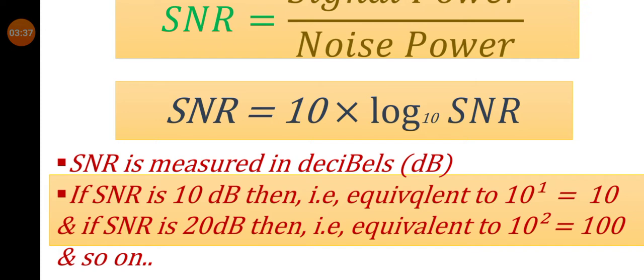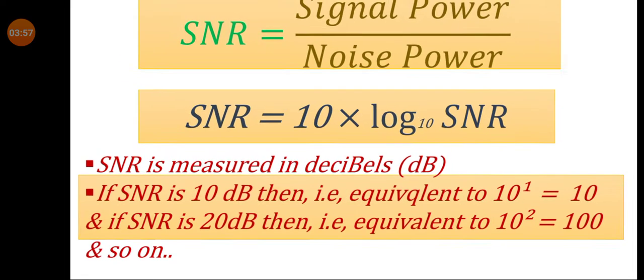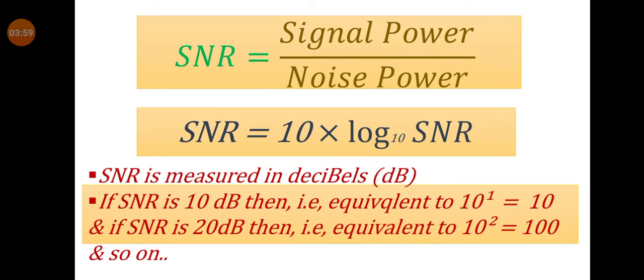If SNR is 30 dB, then that is 10 raised to 3, which is 1000. And if SNR is 40 dB, then that is 10,000, which is 10 raised to 4. Clear?